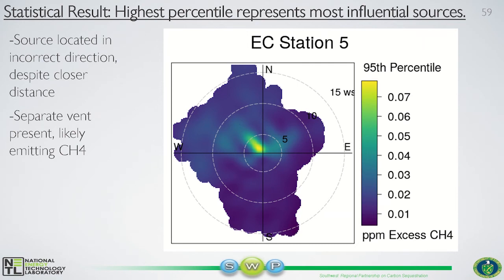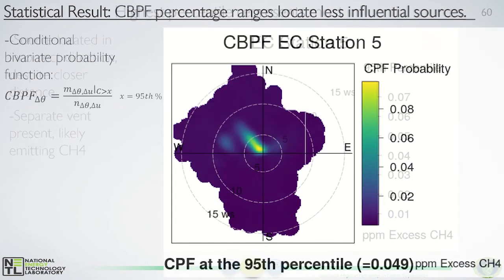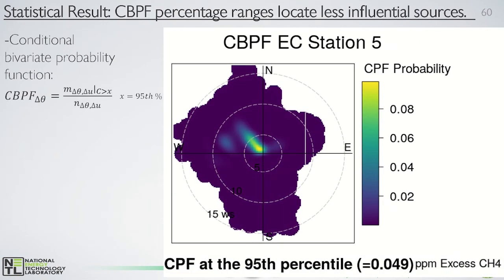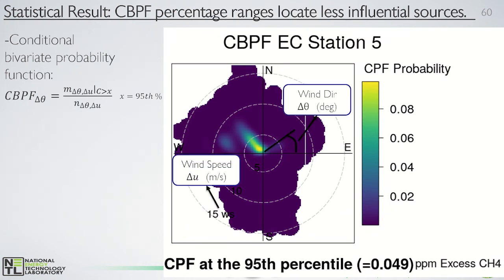So we wonder if there is some way to detect the less influential Panda Express vent despite having this more influential vent nearby. To investigate this, let's enter the realm of probability and what are called conditional bivariate probability functions. This very similar plot is calculated by binning all data into wind speeds and directions as we've seen before.